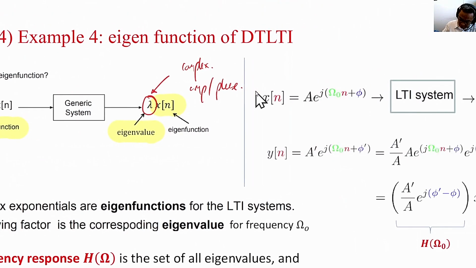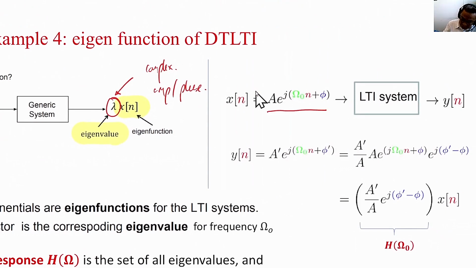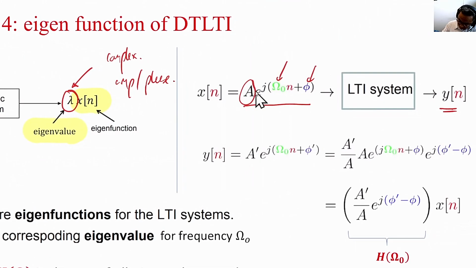So let's have this example where our complex exponential has amplitude A, a frequency omega naught, and an initial phase phi. Then what will happen to y[n] is that the magnitude will be changed from A to A prime, and its phase will be changed to phi prime, where phi prime is phi plus whatever new phase that it has encountered.